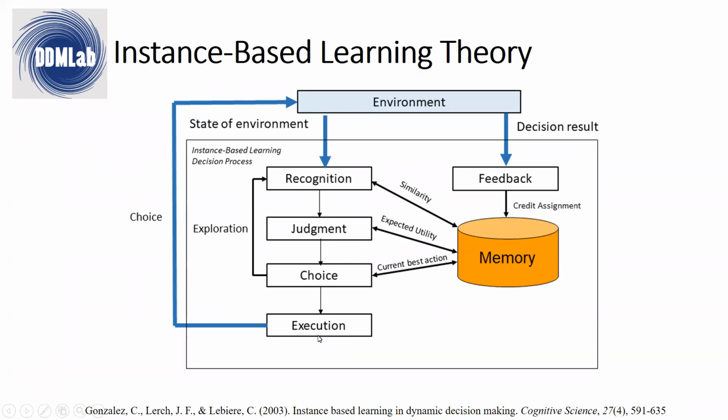We execute that option, and that option changes the environment. At some point, then we receive results from the actions that we took in the environment, and such feedback is going to update the memories that we have regarding those decisions. Those updated memories are then going to be used in the future to make future decisions.